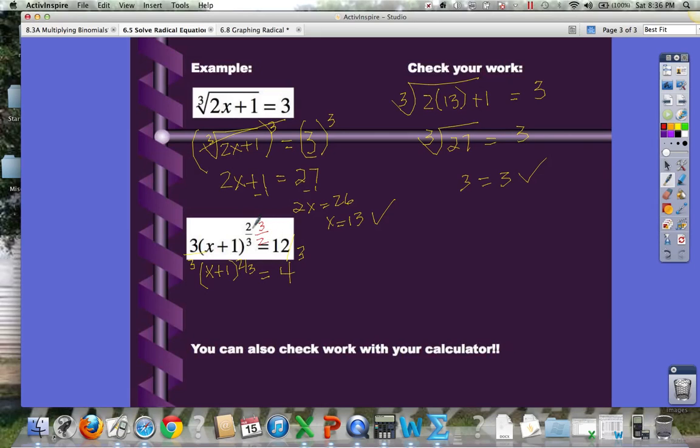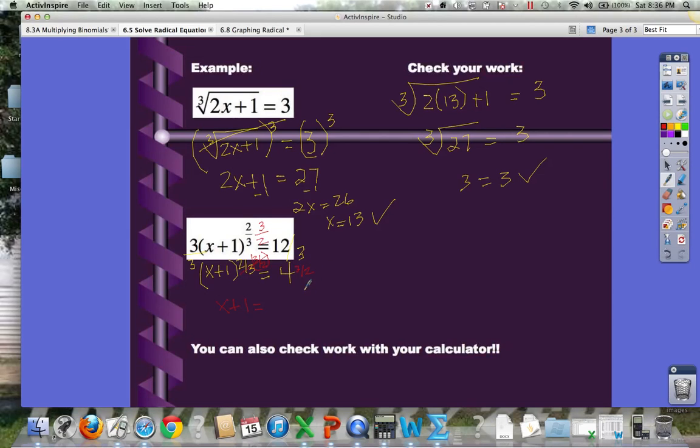I'm going to multiply this side by 3 over 2, and then that means I have to multiply that side and raise it to the same power. Okay, so I'm going to end up with multiplying this by 3 halves right there, which will make that just 1. So this will be x plus 1 over here, and I'm going to raise this 4 to the 3 halves power.